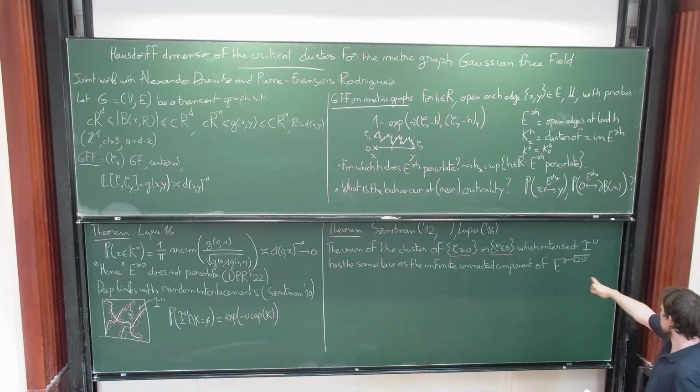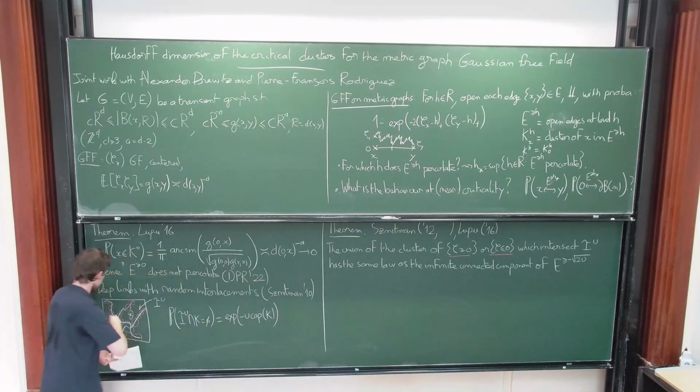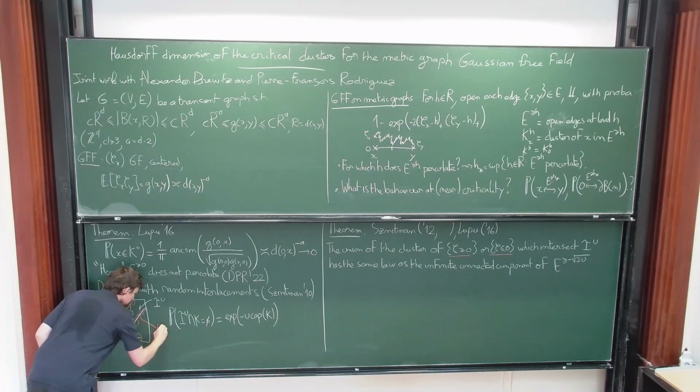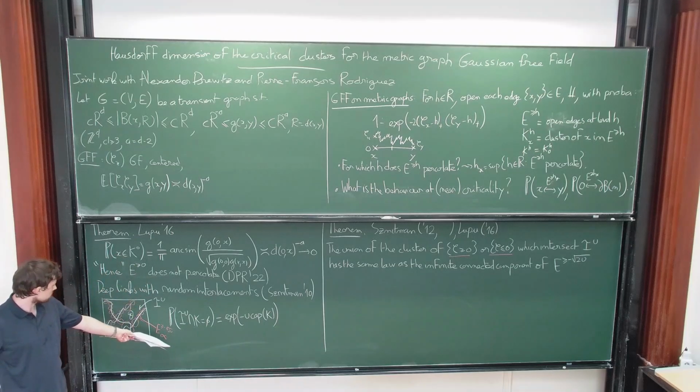So u is the same parameter as the one that appears in my I^u. This is a representation, using sign clusters of the GFF plus interlacement, of just my infinite cluster.